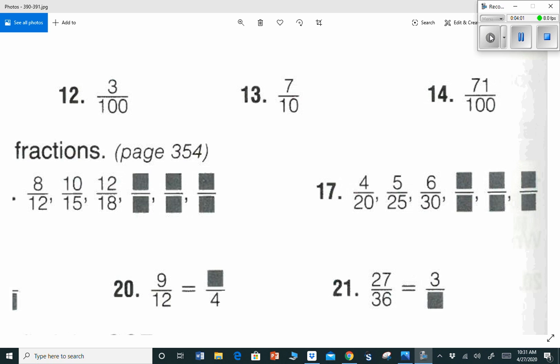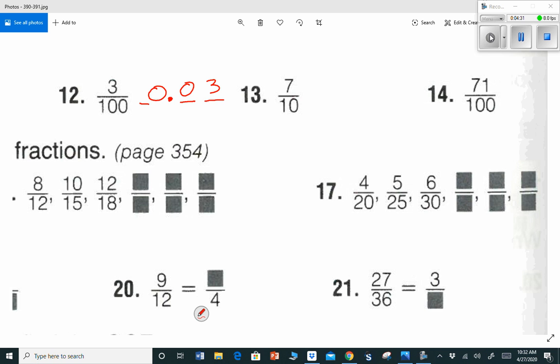Number 12 is a little bit tricky. Three hundredths. The hundredths place is the second place after the decimal point, so the 3 needs to go there, and you need a 0 to fill that space where the tenths place is, and a 0 to make it look nice.